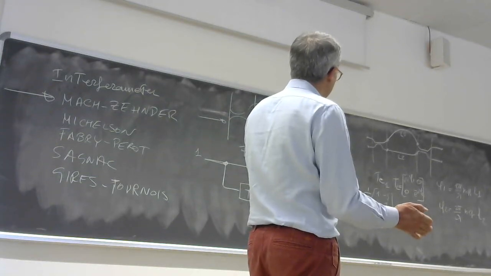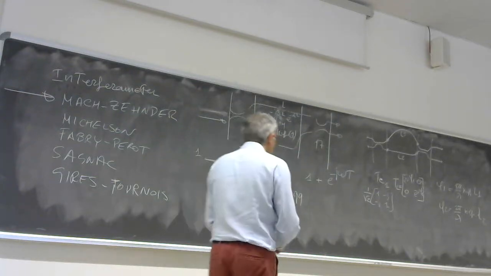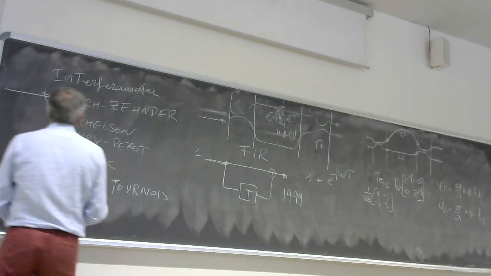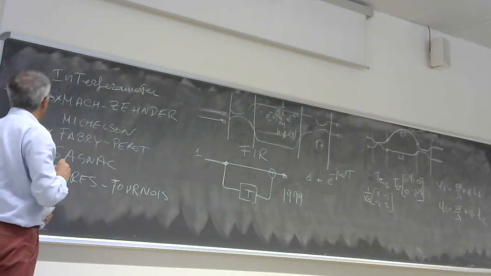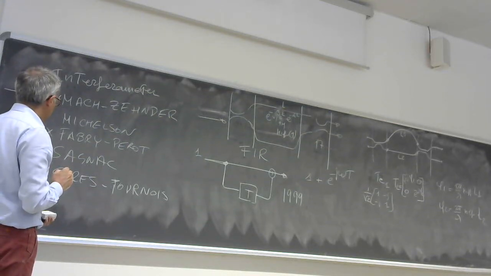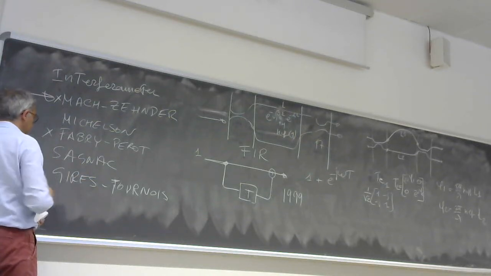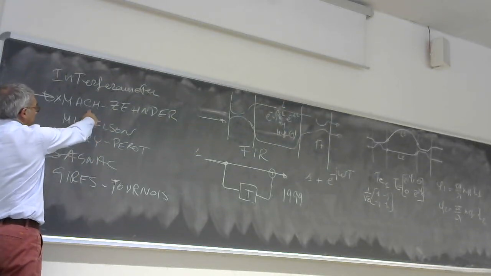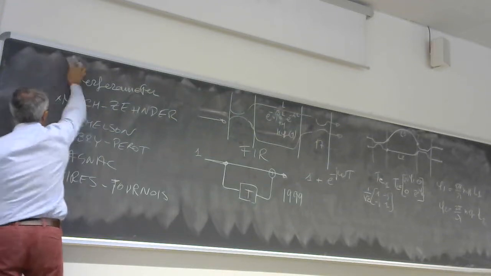So we want to split the two. We will do this one very well, this one very well, and we will see this one, not this, and it's very simple. It's just a folded version of the Mach-Zehnder.